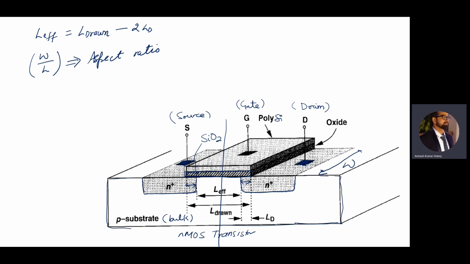The source can work as a drain, and the drain can work as a source, depending on the biasing voltages we apply on the different terminals. So this is called a symmetrical device. However, the BJT is not a symmetrical device. Understood?